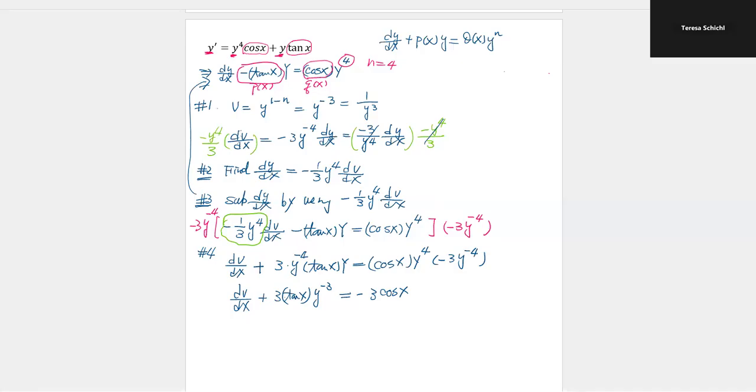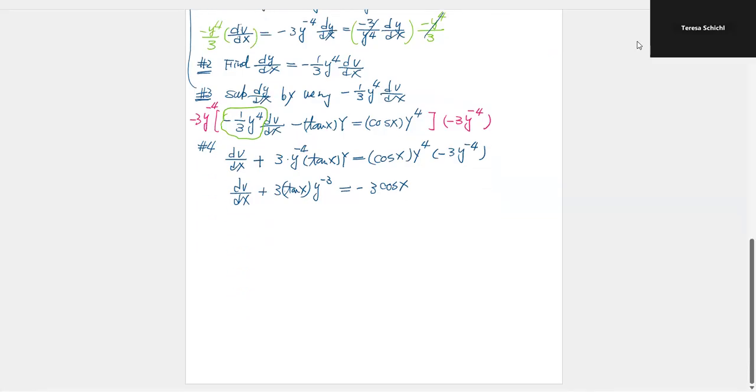Okay, so now let's continue. I think differential equations are just very tedious, so sometimes we need to be very careful. One negative sign can sometimes throw you off.